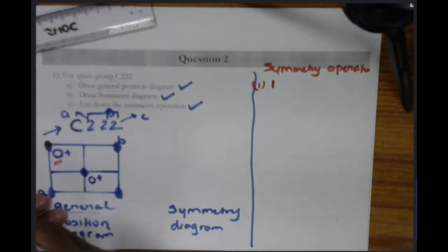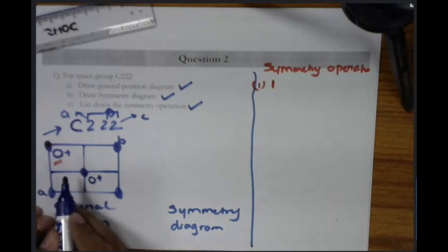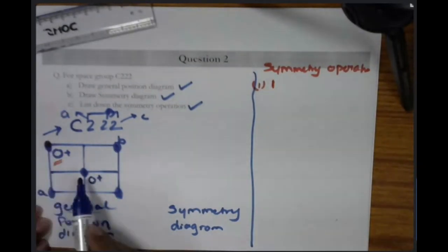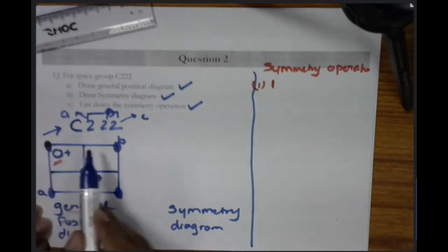Okay. Now let us say we are going to rotate about the C axis. One thing is that we don't write the symbols in the general position diagram. This is my mistake, one shouldn't write whether a twofold is there or not. We shouldn't write that. So side by side, let me make a symmetry diagram.